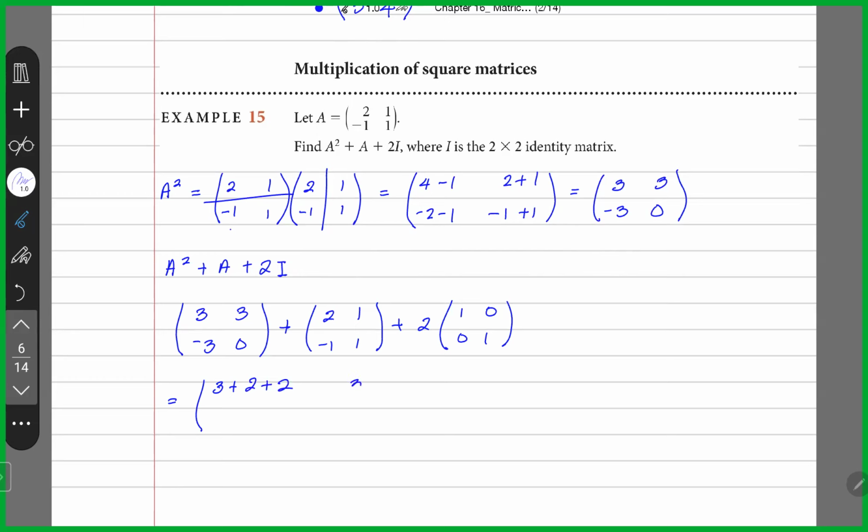We have 3 plus 1 plus 0. We have minus 3 minus 1 plus 0. We have 0 plus 1 plus 2. So the final answer here appears to be 7 minus 4, 4, 3.